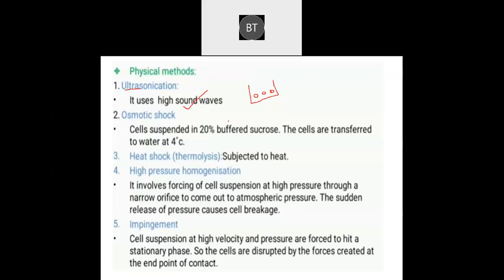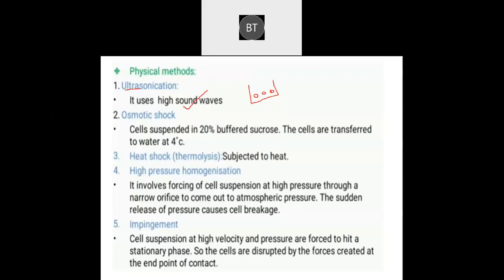So this is known as the osmotic shock. Why osmotic shock? Because there is a sudden shift from the normal temperature to 4 degrees centigrade, and because of this there is destruction of the cells.